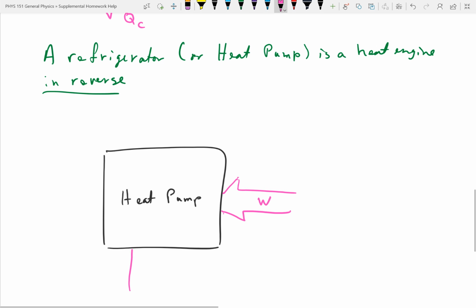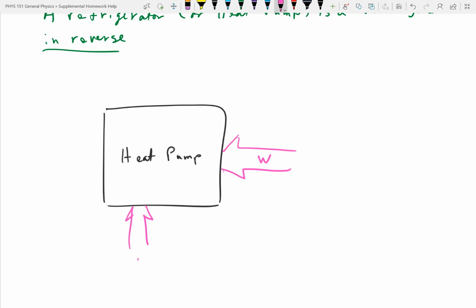And then, yeah, so what is the difference? You have a Q cold that's going in. You have heat going into the heat pump at a cold temperature, and it comes out at a high temperature.